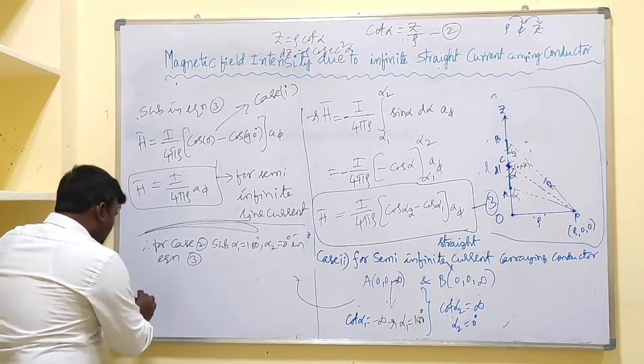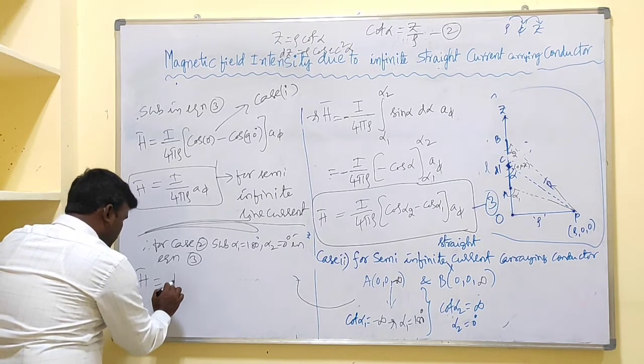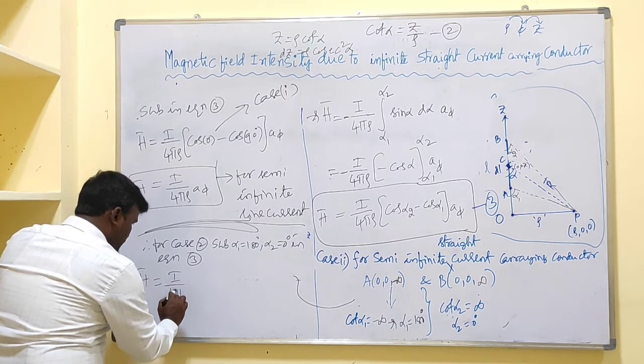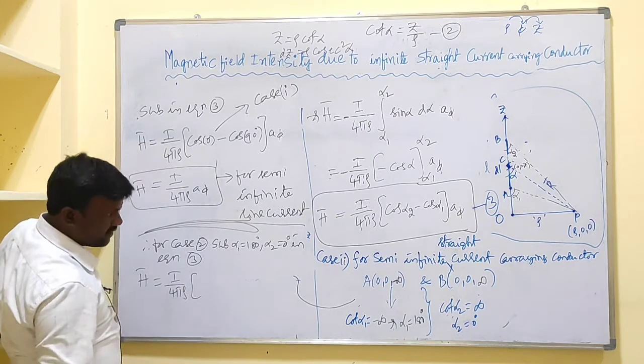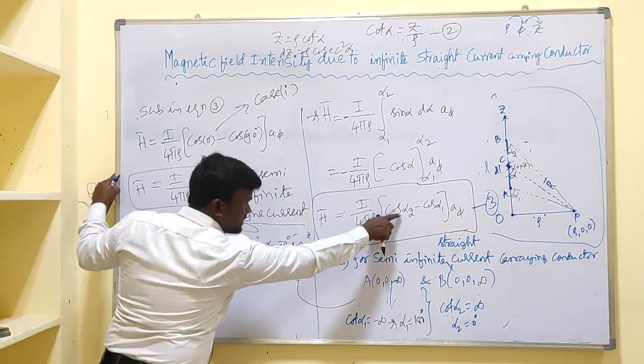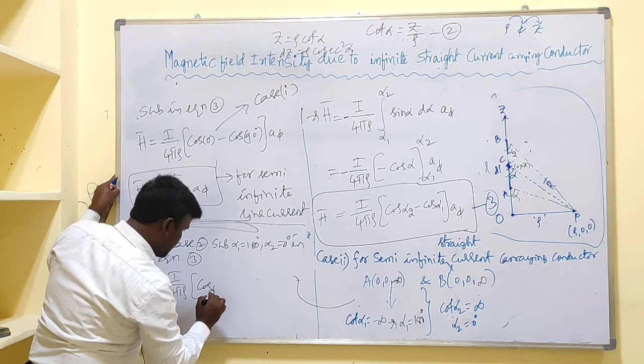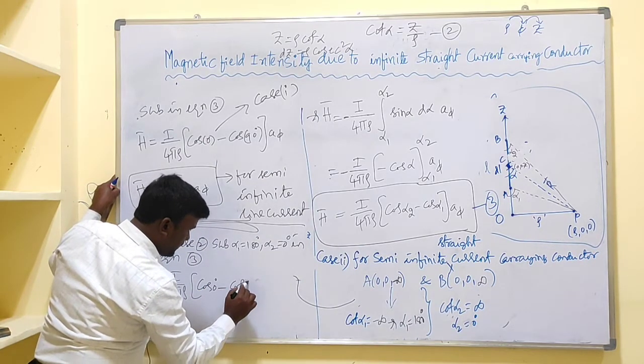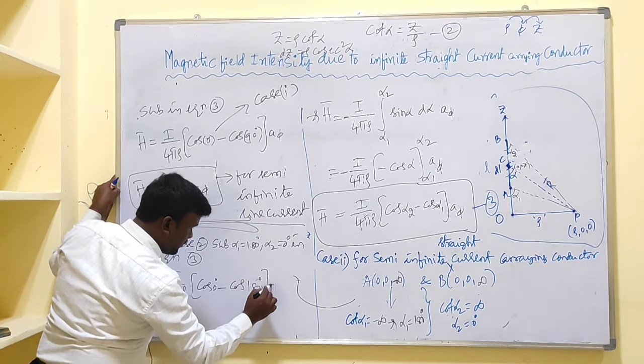What is equation 3? That is H equal to I by 4 pi rho, cos alpha 2 minus cos alpha 1. Cos alpha 2 means cos 0 degrees. Cos alpha 1 means cos 180 degrees, into a phi.